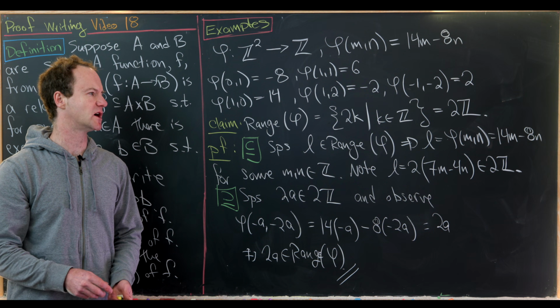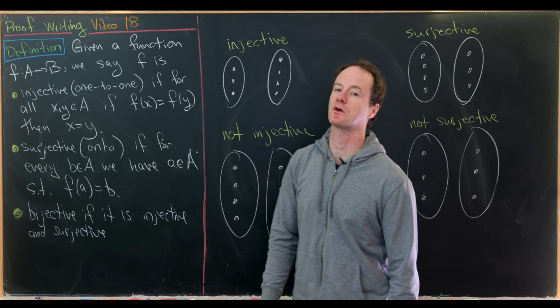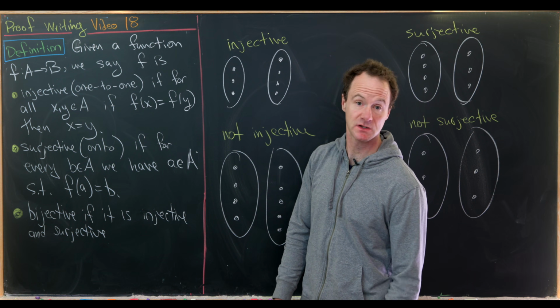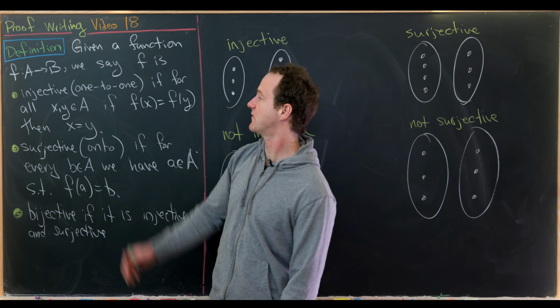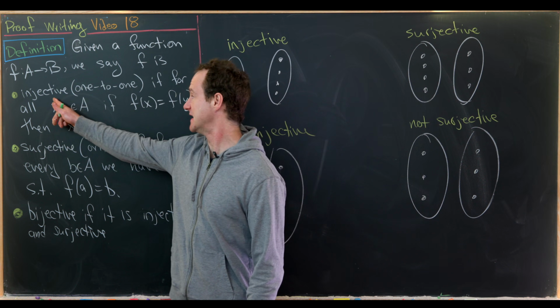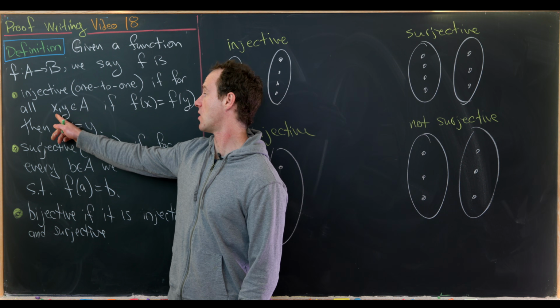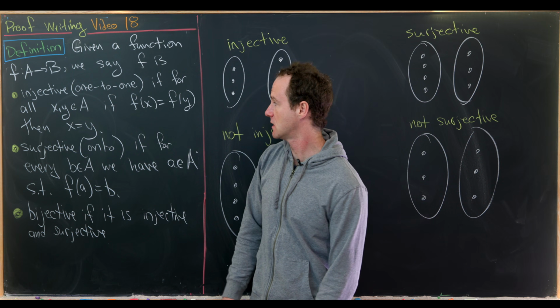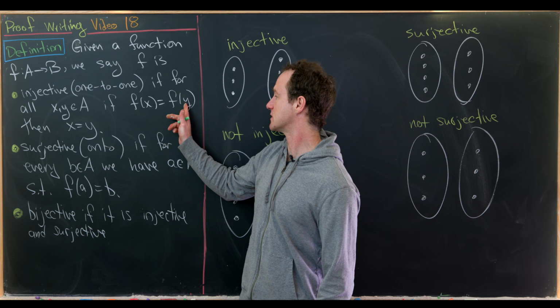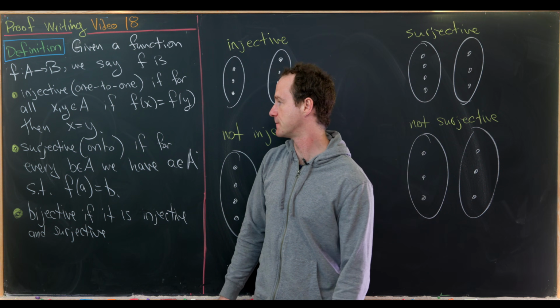Okay, so now let's move on to some special types of functions. Now we want to look at some special classes of functions. So let's see the definition. Given a function f from A to B, we say that f is injective, or in other words, one-to-one, if for all x and y in A, we have f(x) equals f(y) implies x equals y.